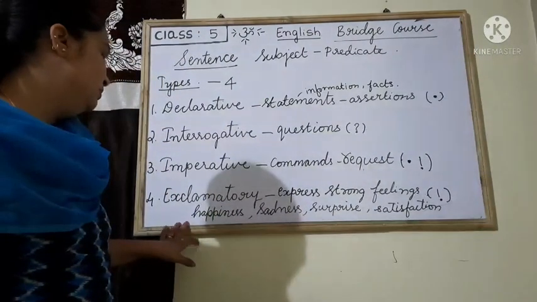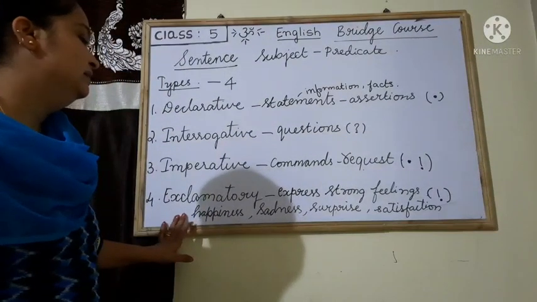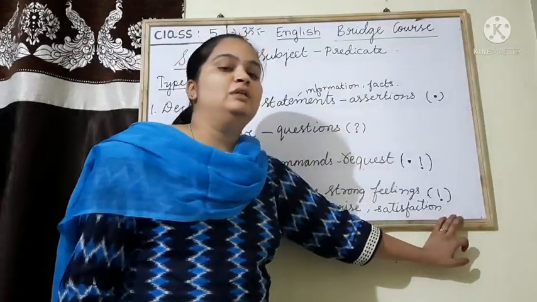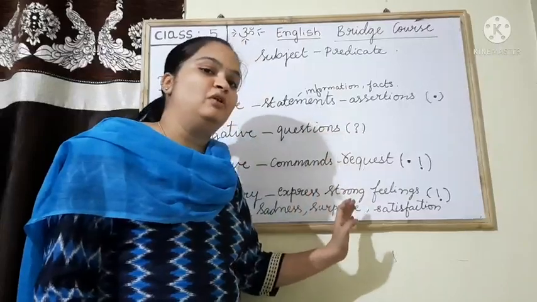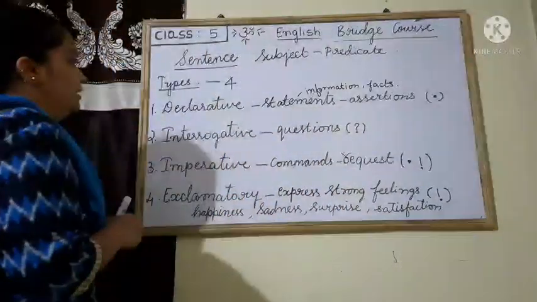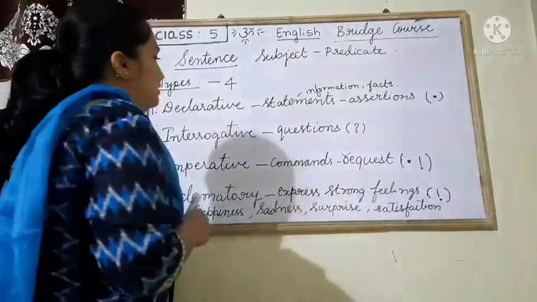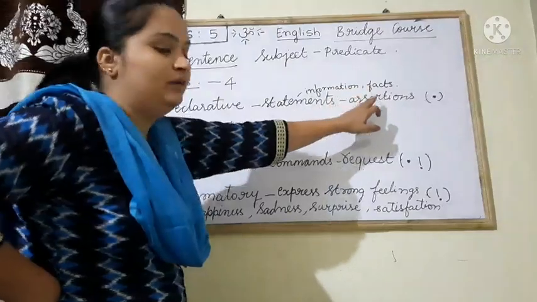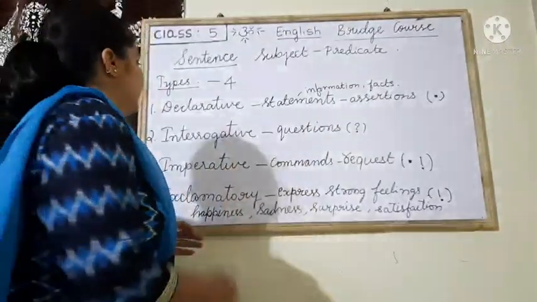And exclamatory sentences always end with an exclamation mark. So let's see the examples of these types of sentences now, okay? A declarative sentence is nothing but a statement, and it gives us information or it states the facts.